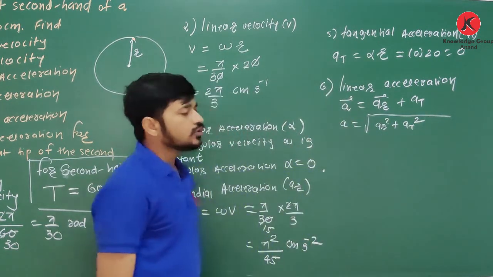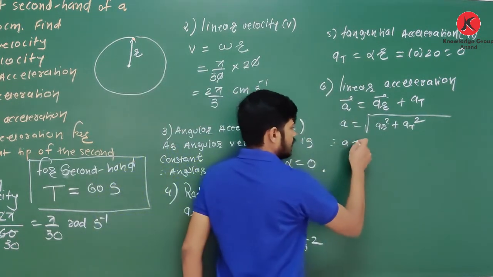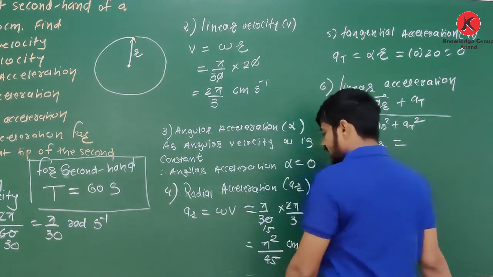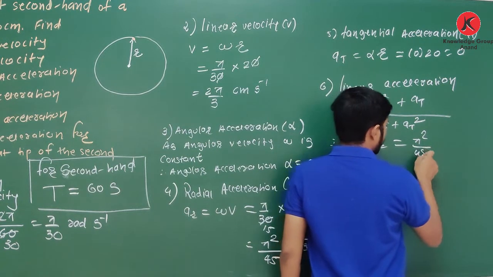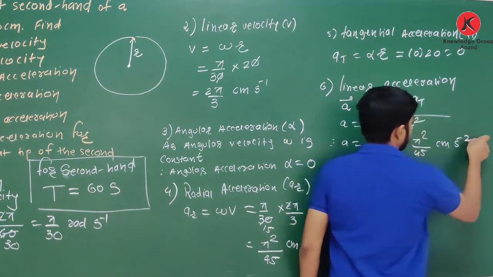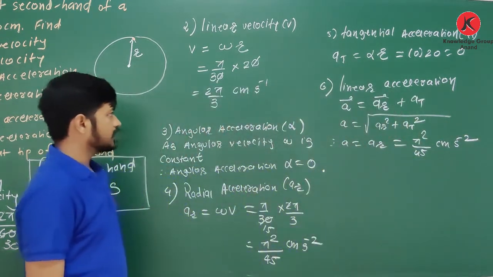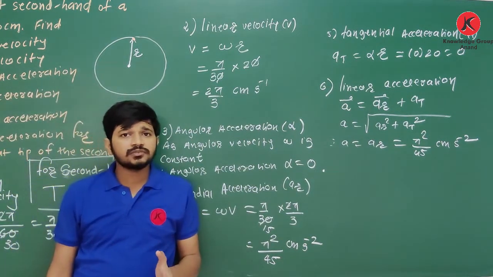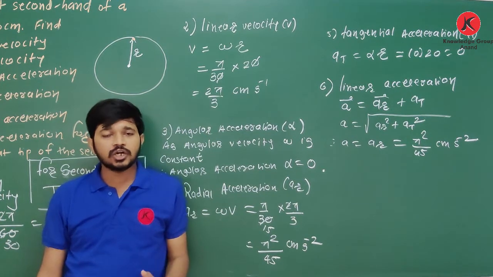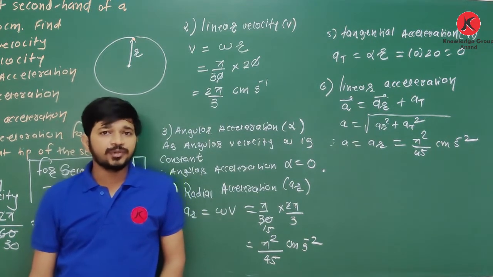But AT is equal to 0, so A is equal to AR, and AR is pi square divided by 45 centimeter per second square. So that is the answer. It is one easy question based on equations that you have to remember.